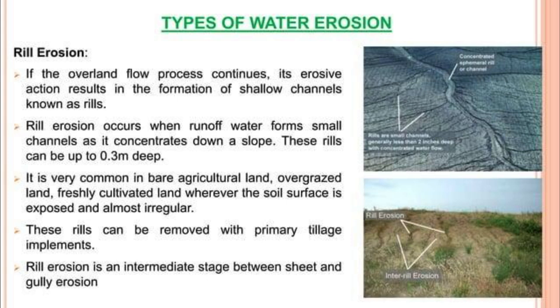These rills can be up to 0.3 meter deep. It is very common in bare agricultural land, overgrazed land, and freshly cultivated land, wherever the soil surface is exposed and almost irregular. These rills can be removed with primary tillage implements. Rill erosion is in the intermediate stage between sheet and gully erosion.